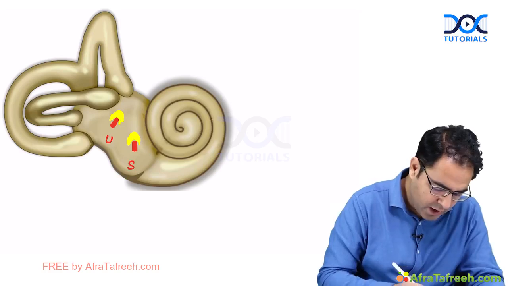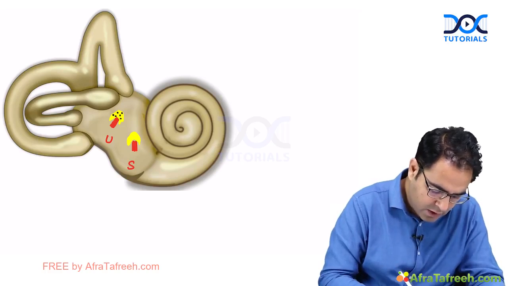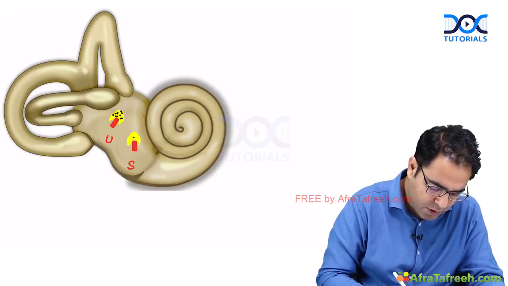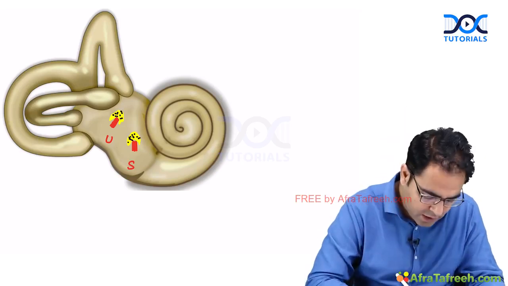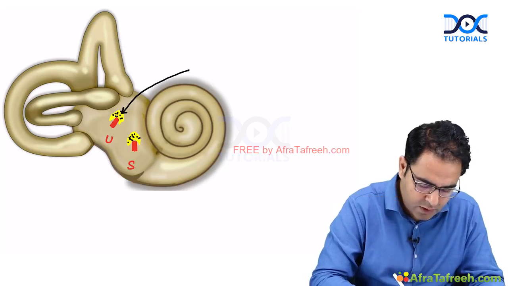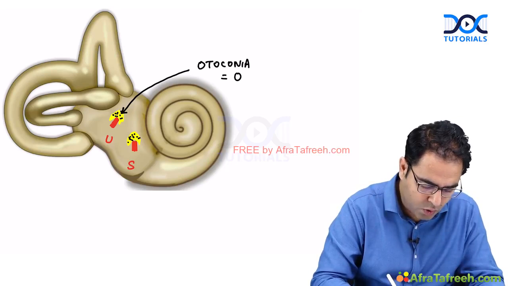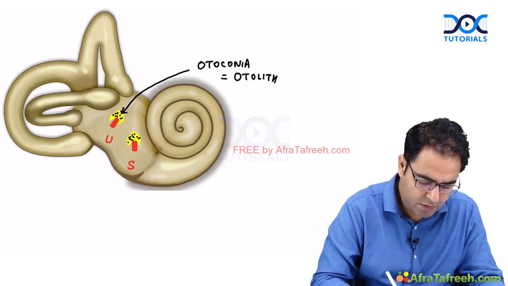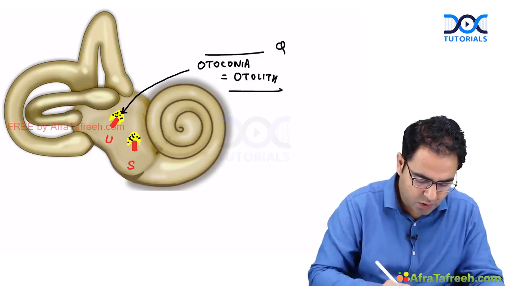In this gelatinous layer, we have certain calcium carbonate crystals. These calcium carbonate crystals are called otoconia or otolith. Very popular question, otoconia or otolith.